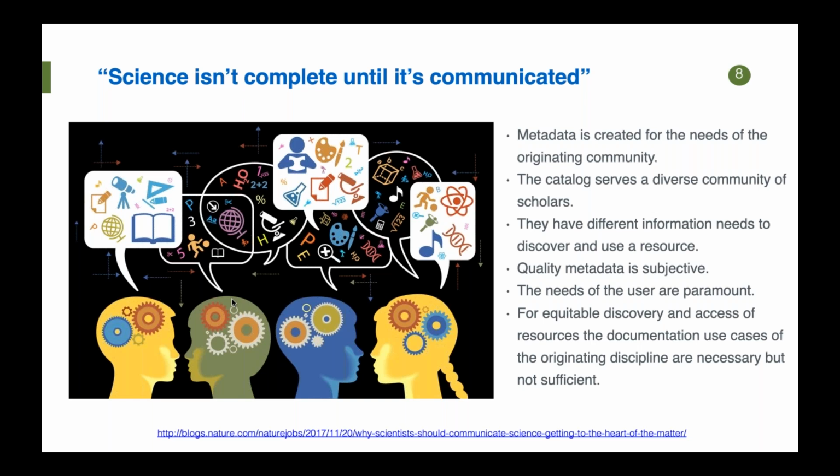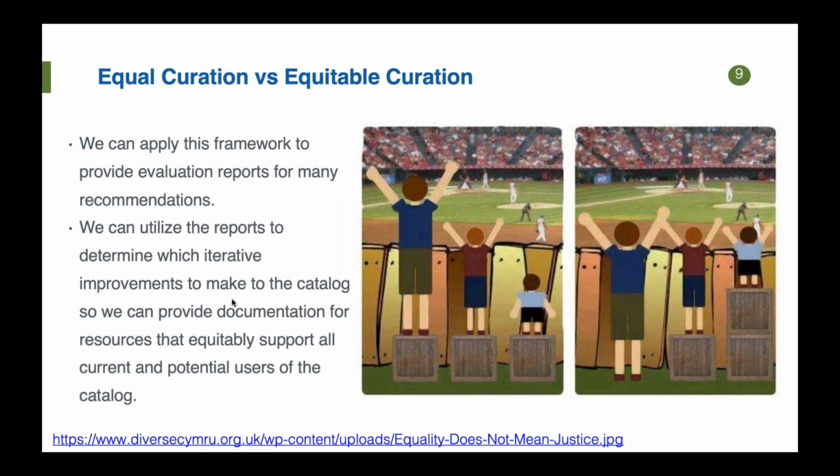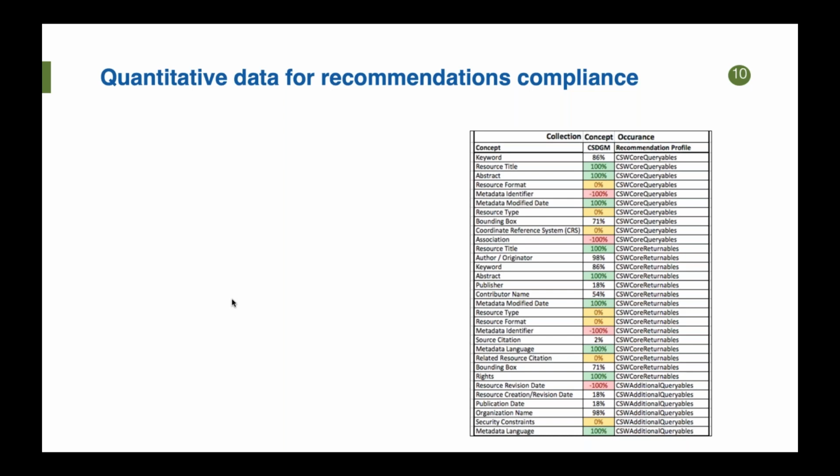So for equitable discovery and access, the documentation use cases or recommendations of the originating discipline are necessary, but they're not sufficient. We need to be able to look at our catalog in many different ways in order to provide all of the information to serve the information needs of all of our potential users and not just the people that are subject specific.